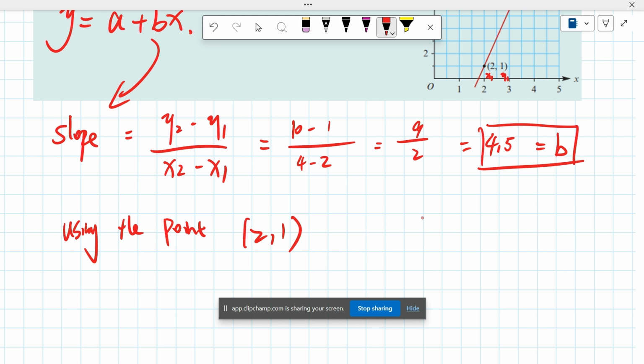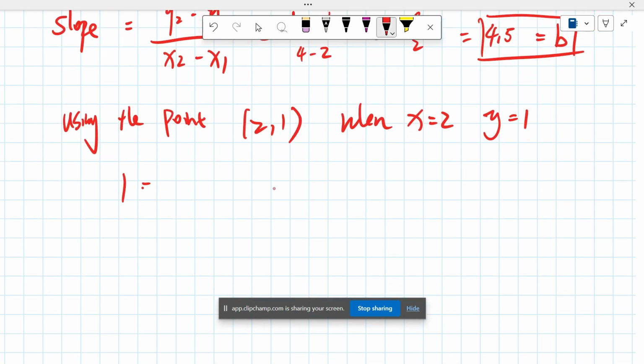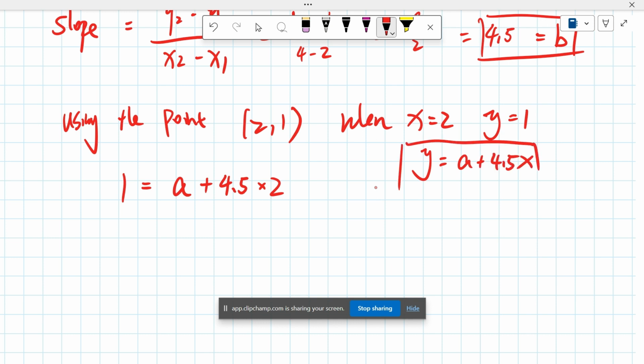We substitute: when x equals 2, y equals 1, which means 1 equals a plus 4.5 multiplied by 2. That's it, because we substitute the x and y into our y equal to a plus 4.5x. And now we have 1 equal to a plus 9.